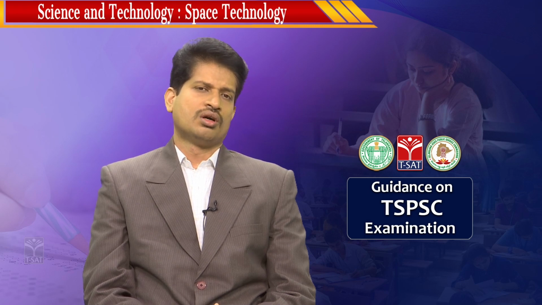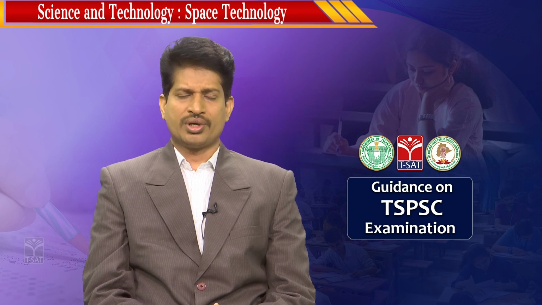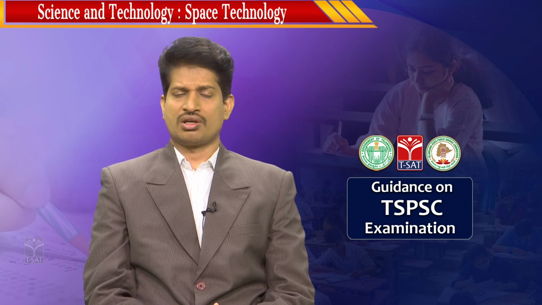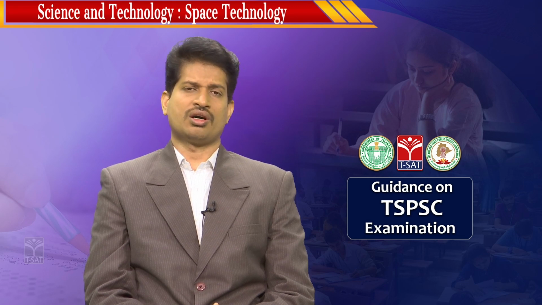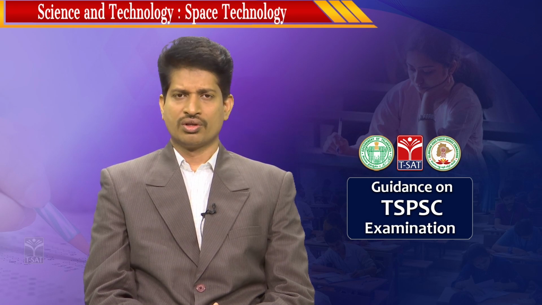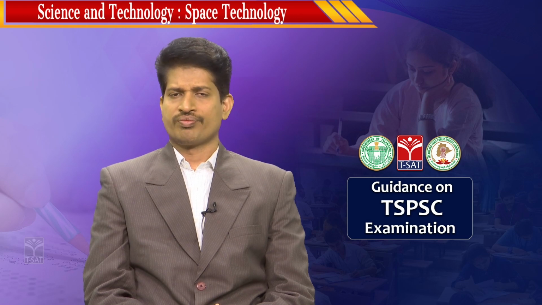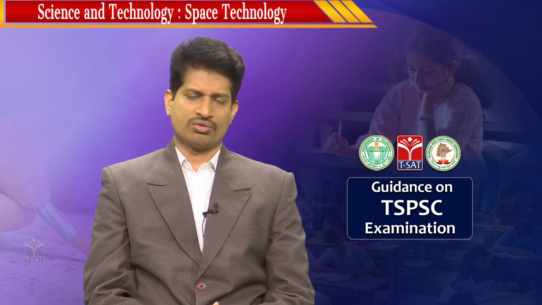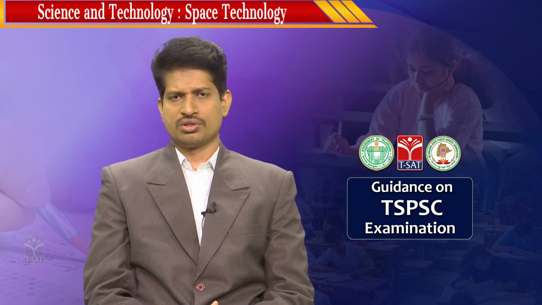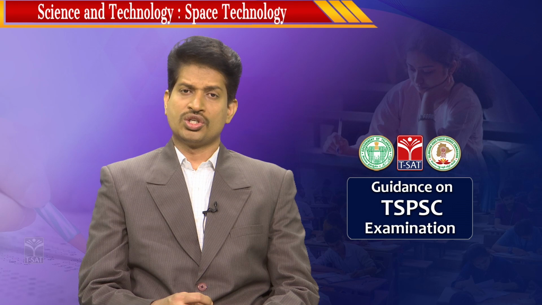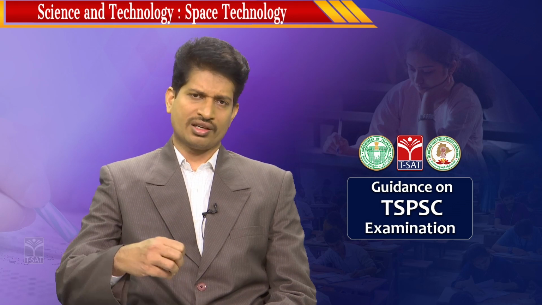Because an orbit is a circular path, for an object to be in a circular path, certain forces need to be balanced. The two forces which need to be balanced are centripetal and centrifugal force. Centripetal force is a force acting towards the center of the circle. Centrifugal force is a force acting away from the center.